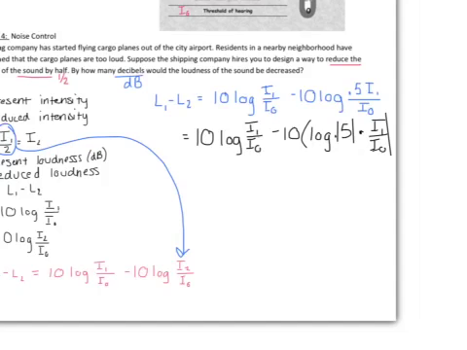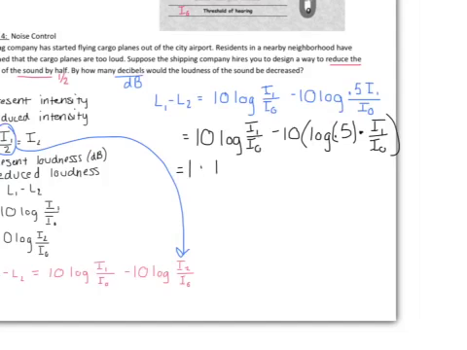So what did the product property tell us we could do with these? Inside this big parenthesis here, we have log of 0.5 times I1 over I naught. How can I break that into 2? What would be the symbol between them? Multiplication to addition.